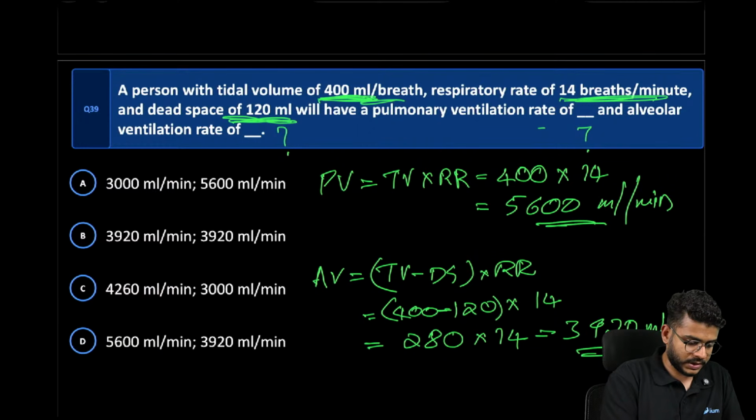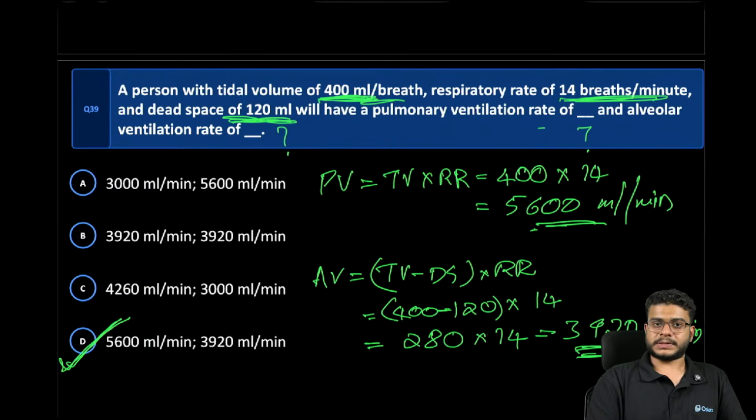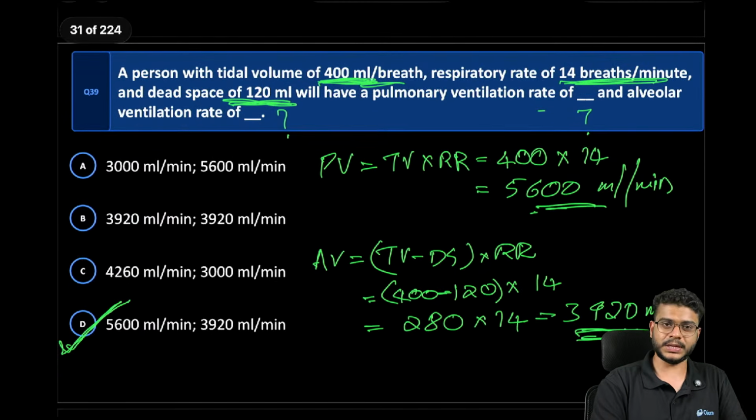So the pulmonary ventilation is 5600 and the alveolar ventilation is 3920. Option D will be the correct one. Okay, is that clear? Very easy.